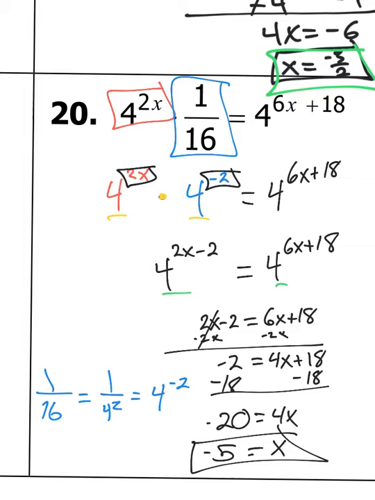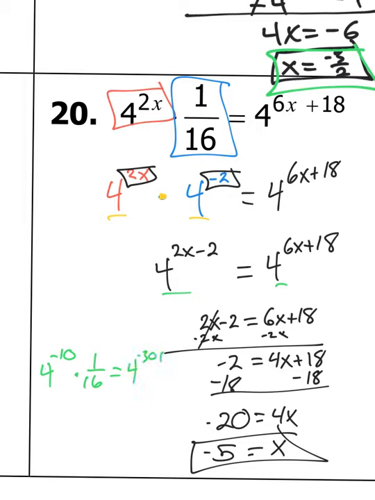Let's just go back and check our answer. See, that wasn't so bad. If I'm putting negative 5 back in for x, does it make sense? I would get 4 raised to the negative 10 times 1 over 16 equals 4 raised to the negative 30 plus 18.